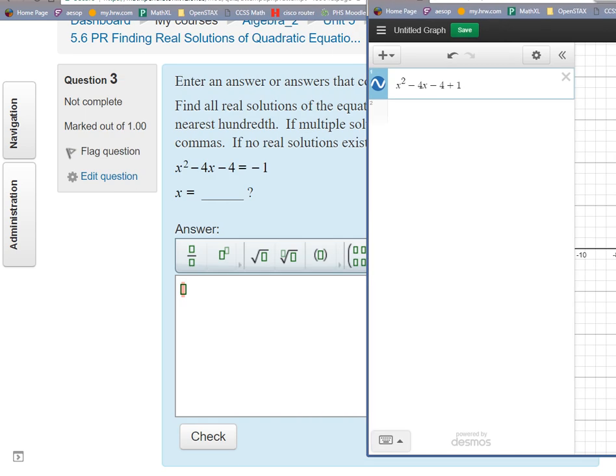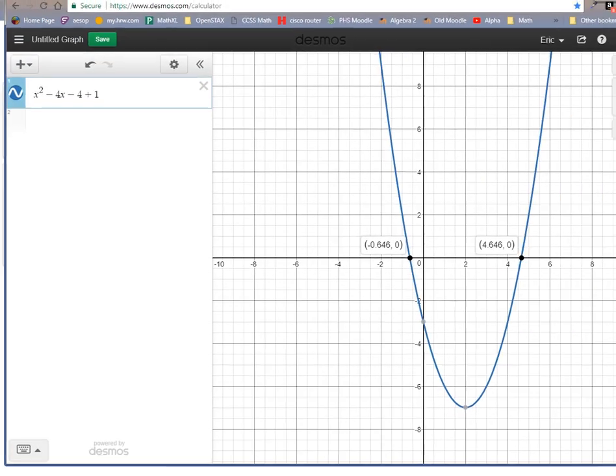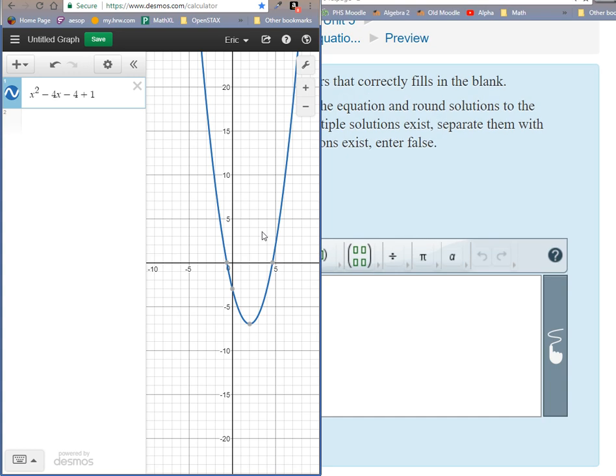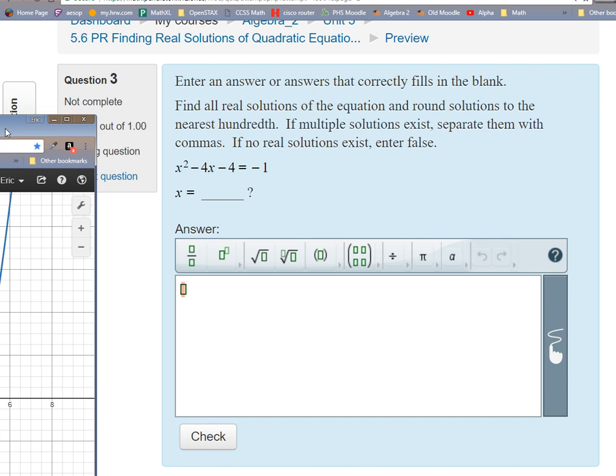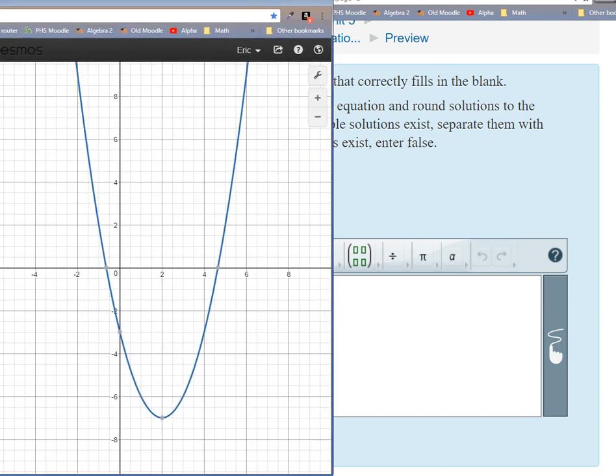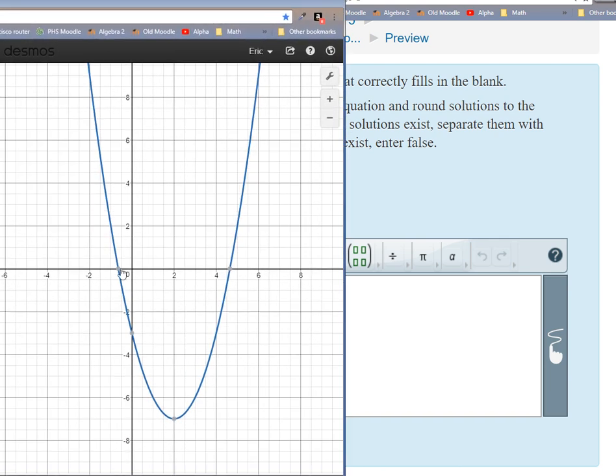So in Moodle, we would enter, I'm rounding to the nearest what? Rounding to the nearest hundredth, it looks like. And I'm going to change those to say tenth, I think. But for now they're hundredths.